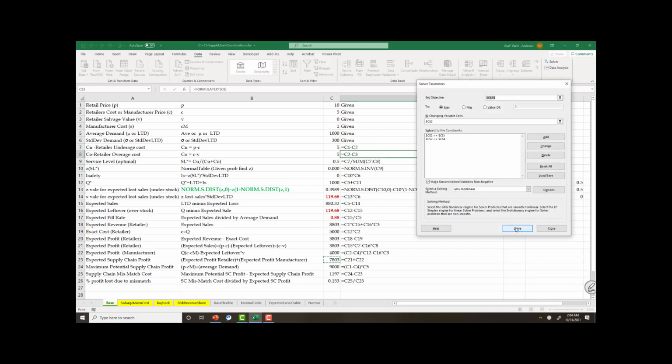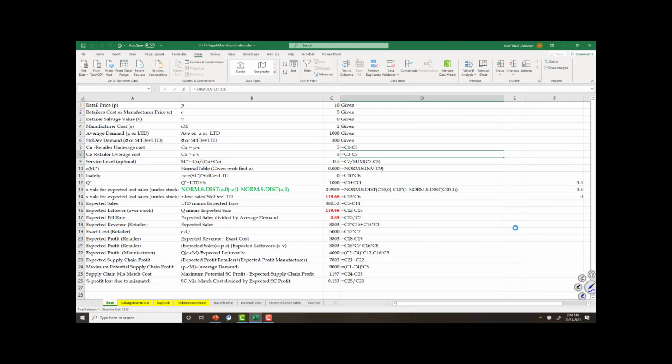Okay? Solving, the optimal transfer price is equal to 1, and 1 is the manufacturer cost.